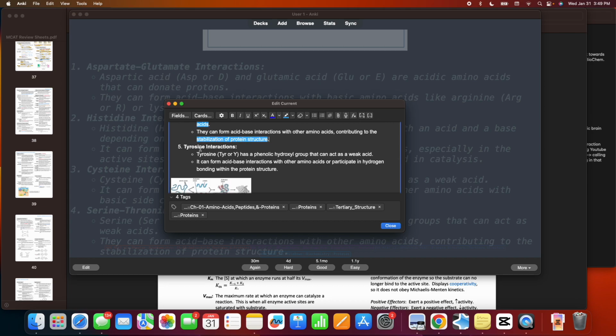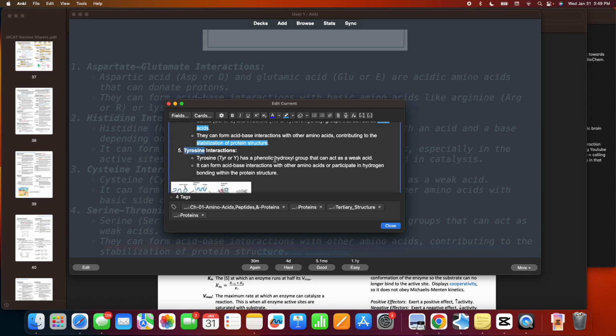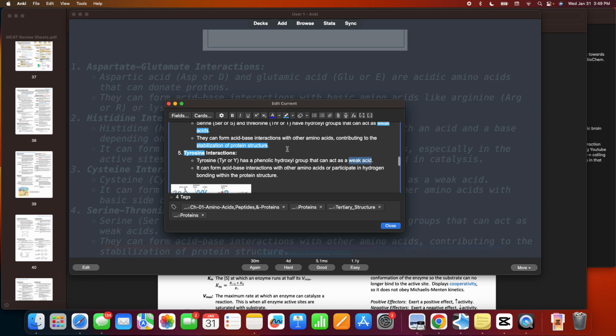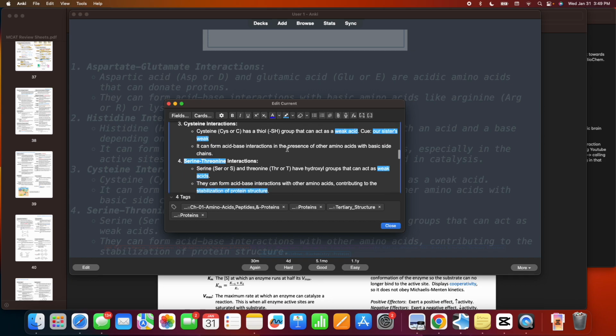And lastly we have tyrosine, which has a phenolic hydroxyl group that can act as a weak acid. What's common between these weak acids?